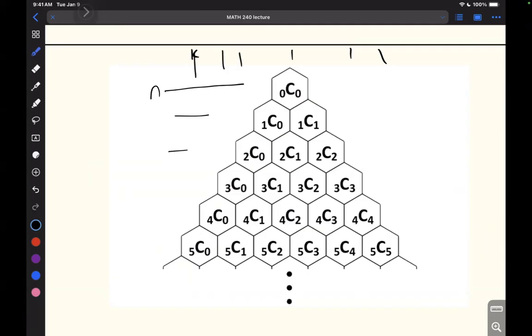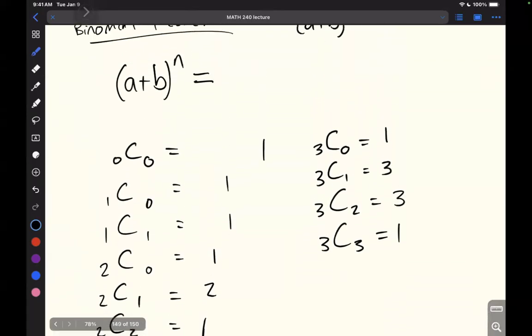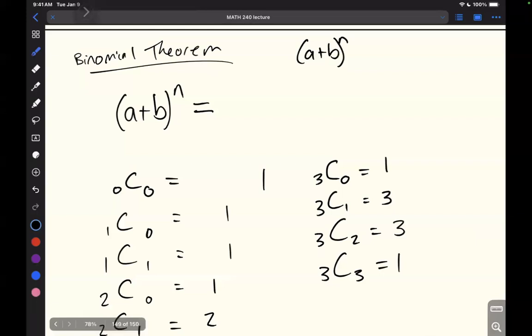So computing combinations gives us all these possible combinations, gives us Pascal's triangle. And so with that, now we can finish this equation.